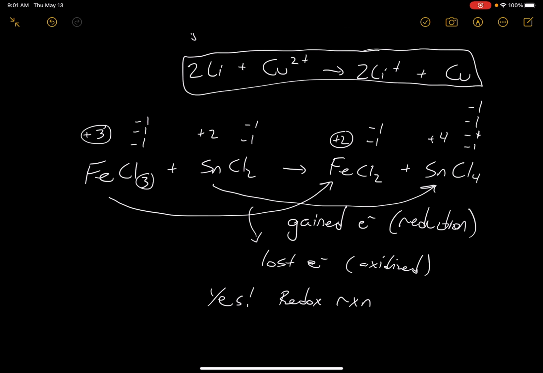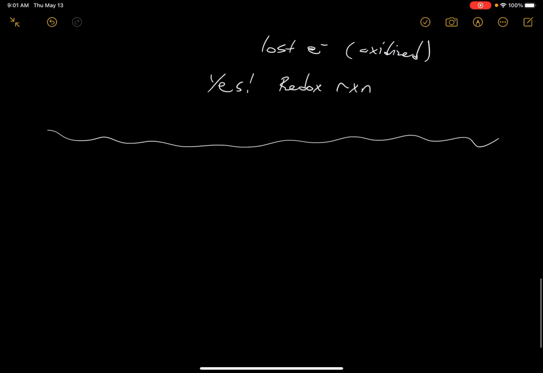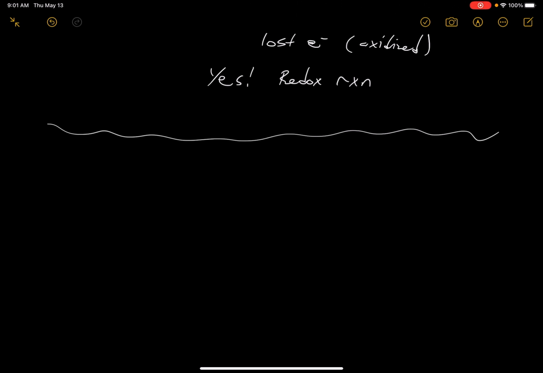All right, and then the last thing was, you want to be able to look at a redox reaction and say, is this spontaneous or is it not? So spontaneous just means that it will happen on its own without any outside forces required. So let's look at this reaction. So we have zinc and H2SO4.